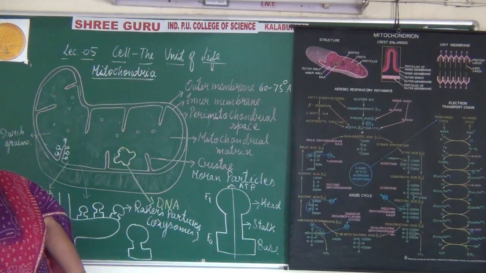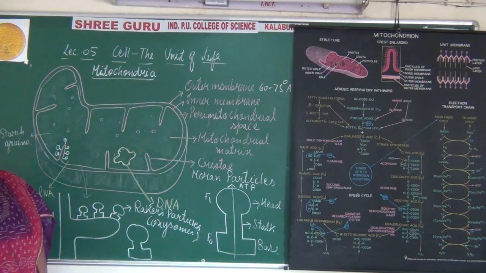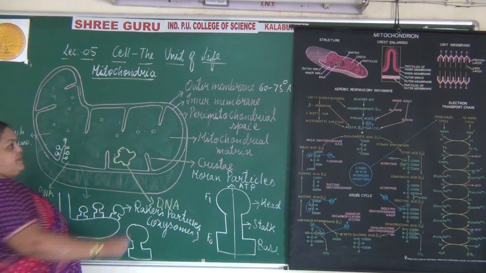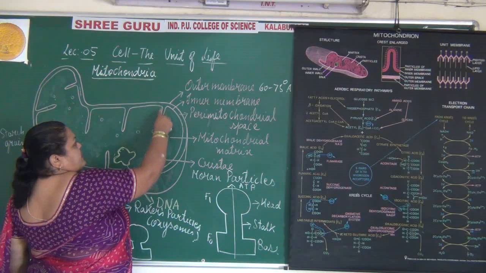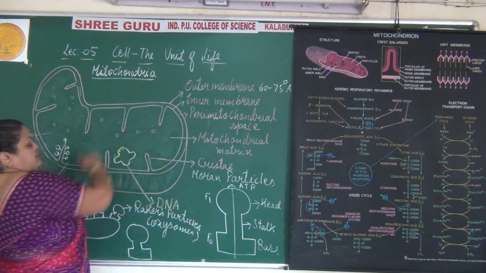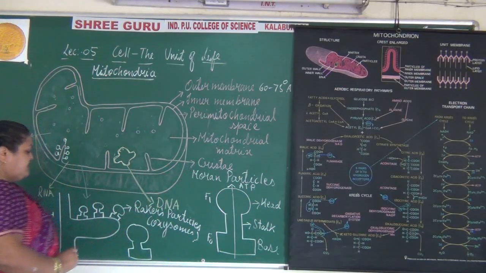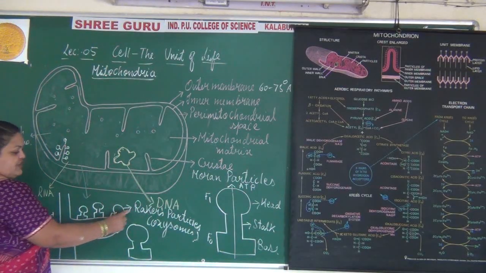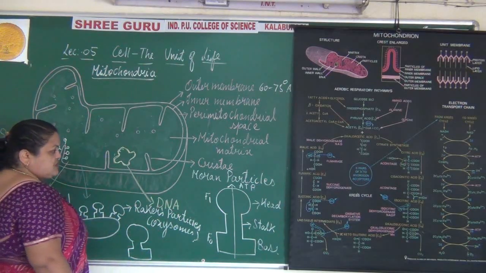Let's go through the diagram once again. The outer membrane, inner membrane, perimitochondrial space. The inner membrane has finger-like projections called cristae. The cristae are studded with knob-like structures called Racker particles, known as oxysomes.